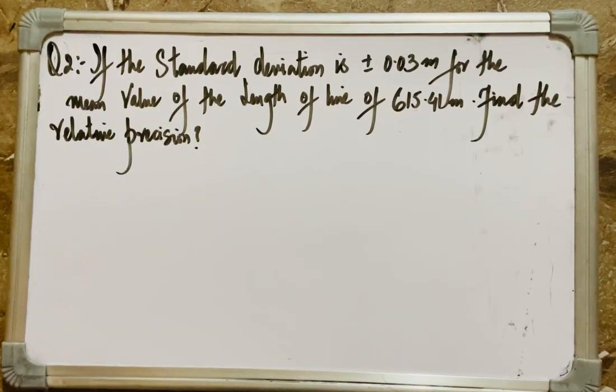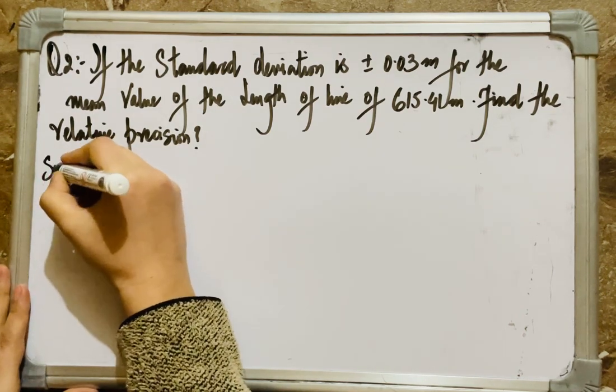The question is, if the standard deviation is plus minus 0.03 meters for the mean value of the length of line of 615.41 meters, we have to find the relative precision.